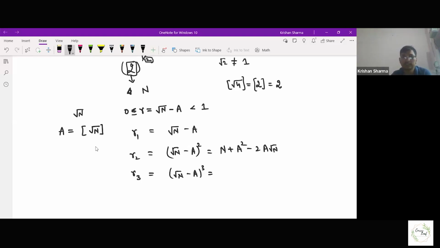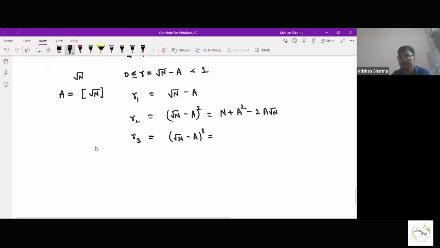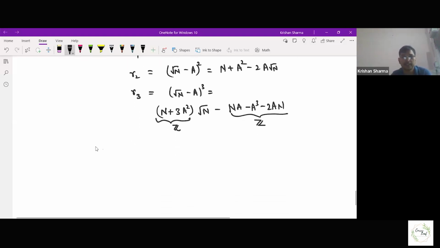And that will come out to be, if you again do some calculation, I'm writing the last result, but you can fill in the details: n plus 3a square, square root of n minus na minus a cube minus 2an. But that is not the important part. The important part is, again, these are integers because n is an integer, a is an integer. So they all are integers. So what we get is Rn is again of the form an square root of n plus bn.